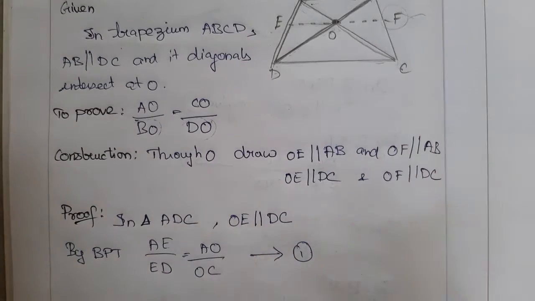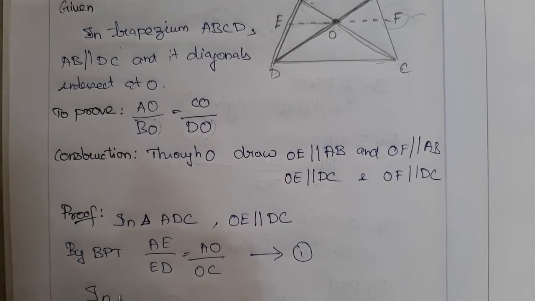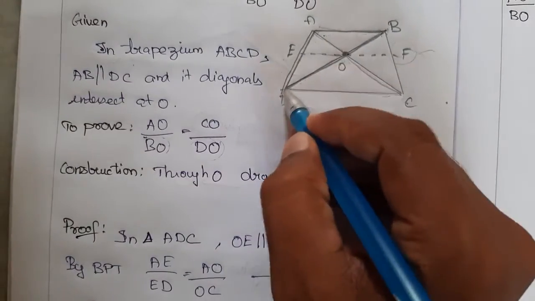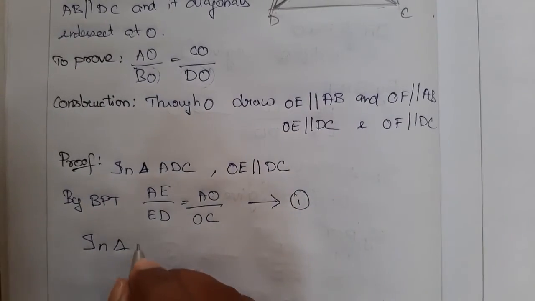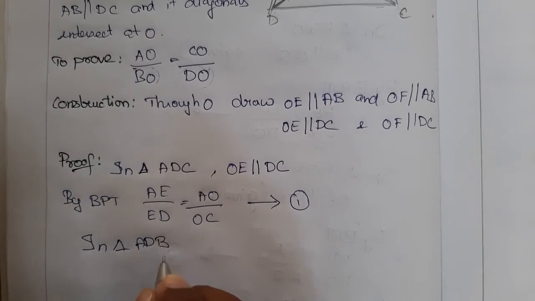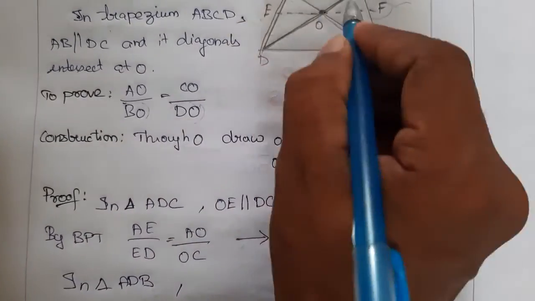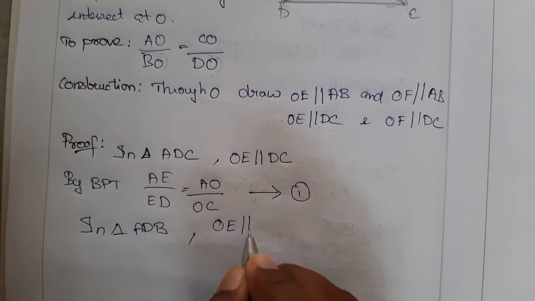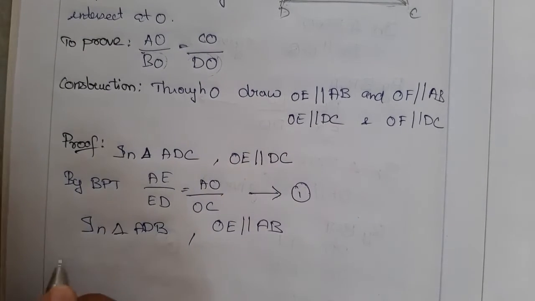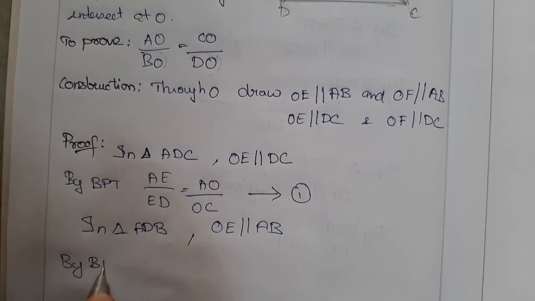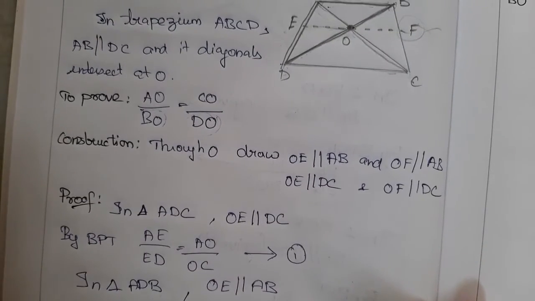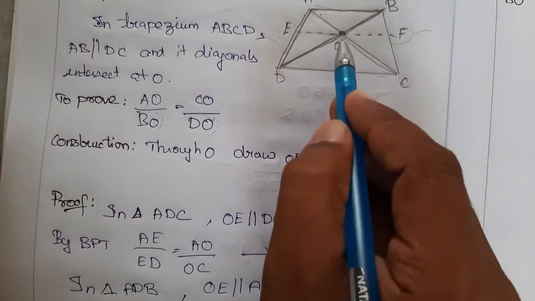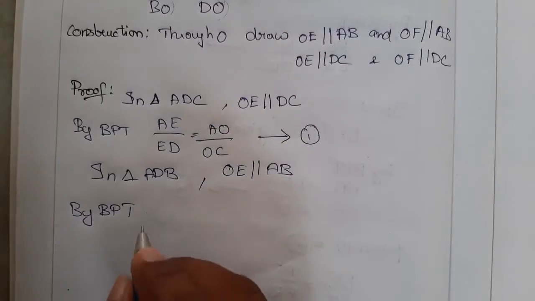So in triangle ADB, which is parallel? OE is parallel to AB, which we constructed. OE is parallel to AB. So then by BPT, if it is parallel, then we will be getting AE by ED is equal to BO by OD.